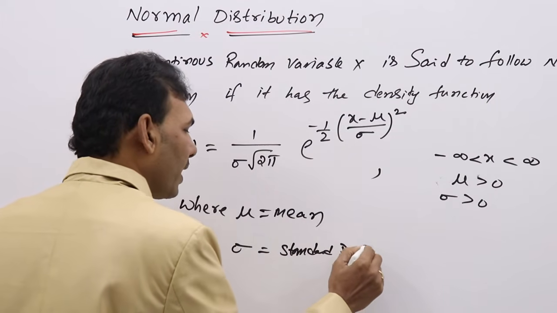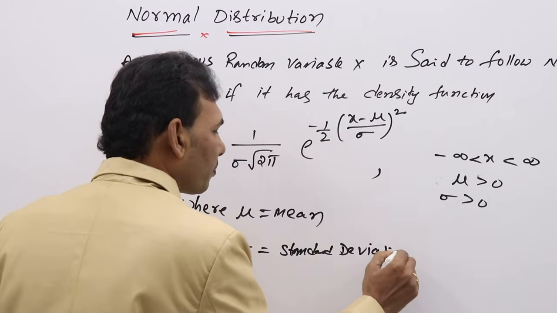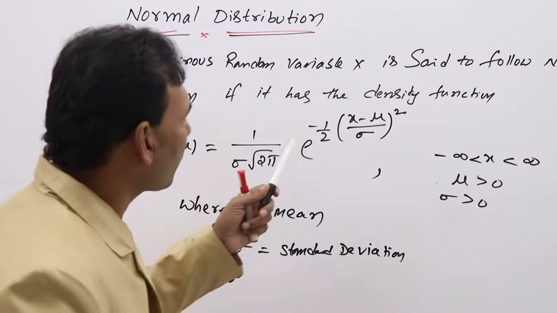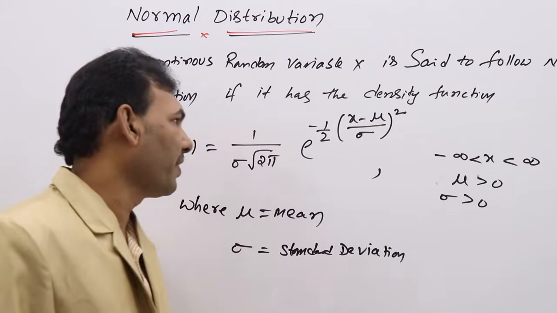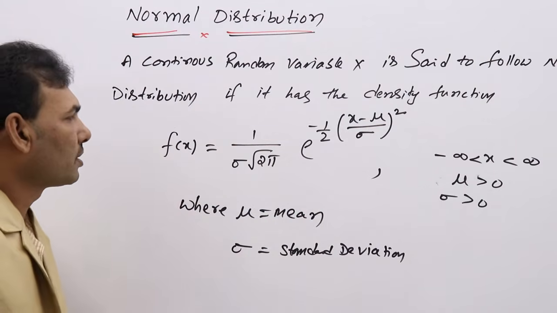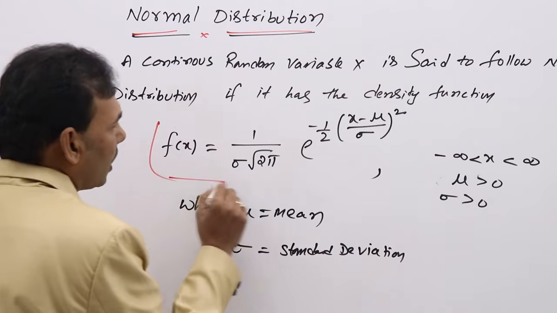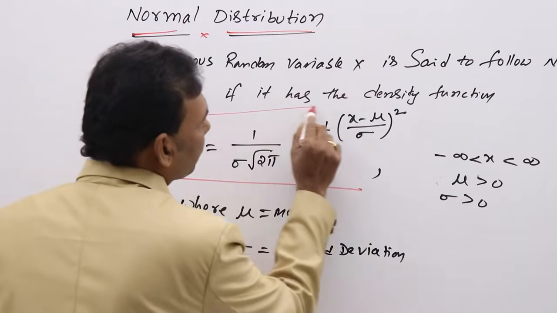We call that one SD. So 1 by sigma root 2 pi e power minus 1 by 2 into x minus mu by sigma whole square. Here mu and sigma are mean and standard deviation. This is the density function for normal distribution.